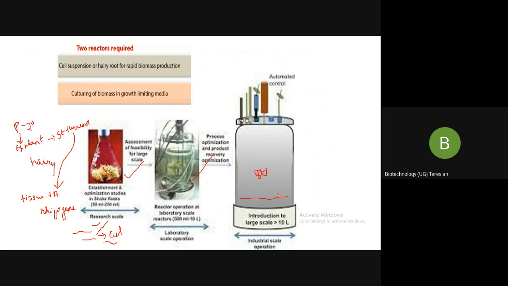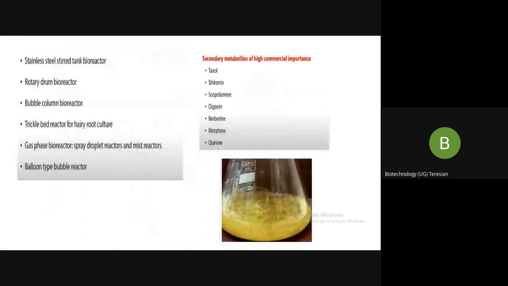So there are many reactors also. Each industry can use each type of bioreactor according to their profit. There are different types of bioreactors which have their own pros and cons. The most commonly used is the stirred tank bioreactor. Otherwise, you can go for rotary drum bioreactor, bubble column reactor, trickle bed reactor, hairy root culture, gas phase bioreactors, spray droplet reactors, mist reactors, balloon type reactors.